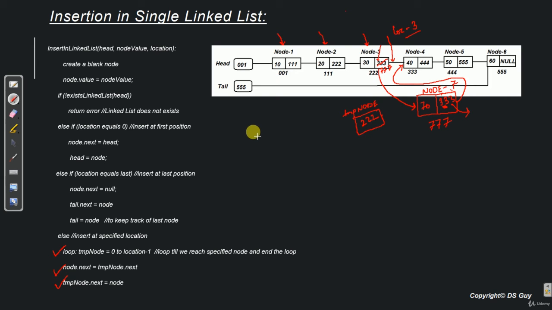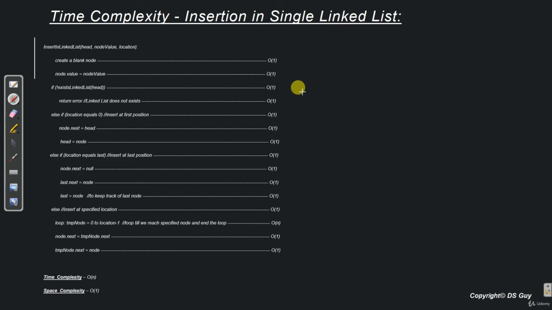Now let's see what is the time and space complexity of this algorithm. The time and space complexity is extremely simple. First we are creating a blank node, which is a constant time operation, inserting a value is a constant time operation, checking if the linked list exists or not is a constant time operation, and then checking if the location is 0 or not is a constant time operation.